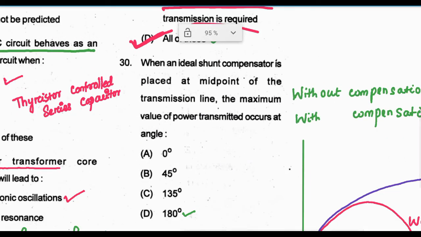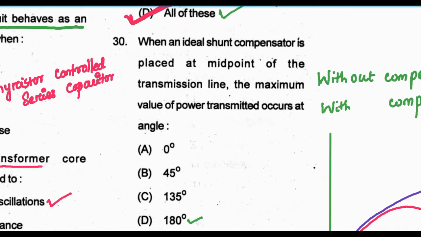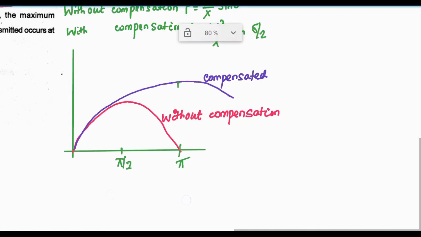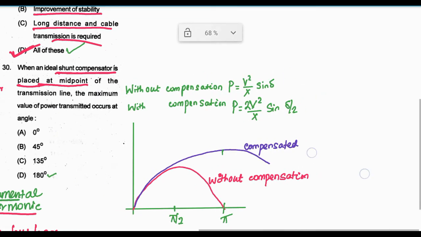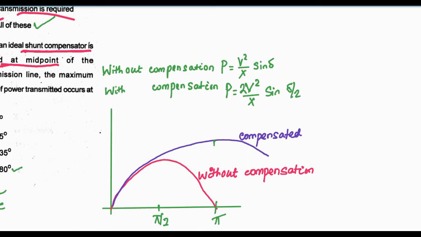Next is question number 30. When an ideal shunt compensator is placed at midpoint of the transmission line, the maximum value of power transmitted occurs at angle. So here we will see for ideal shunt compensator at midpoint. Suppose this one is the shunt compensator at midpoint, then what is happened, I have only written here the power formula.